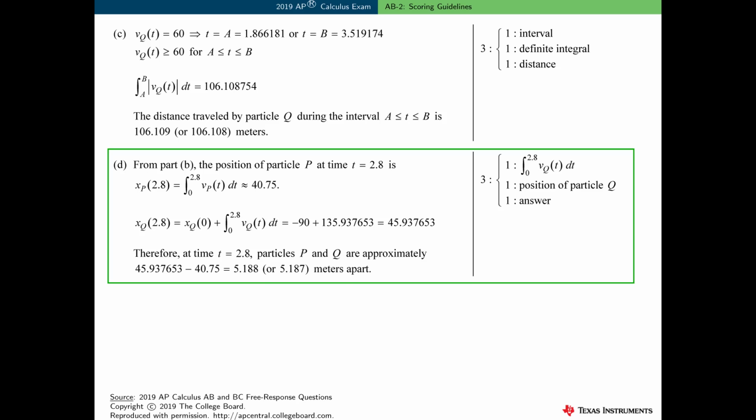The first point was for writing a correct definite integral that can be used to find the distance traveled by particle q over the time interval 0 to 2.8. The second point was for finding the position of particle q at time t equals 2.8. And the third point was for the answer, the approximate distance apart.